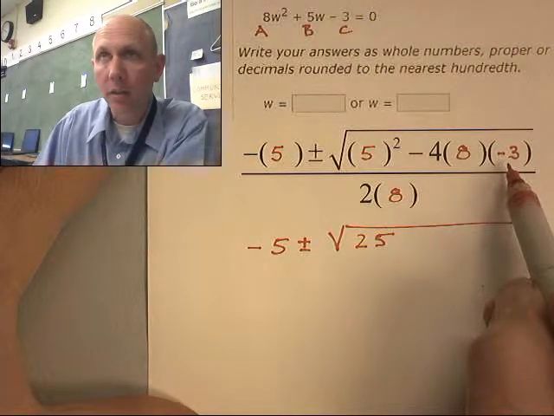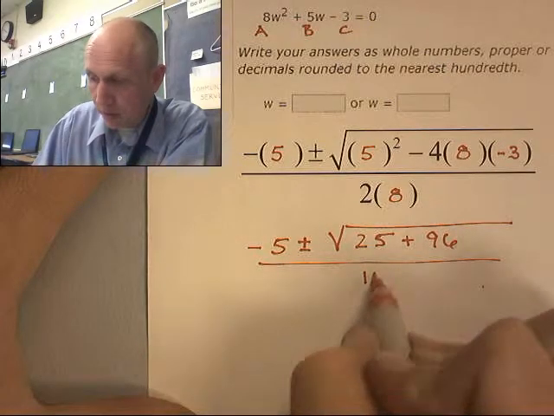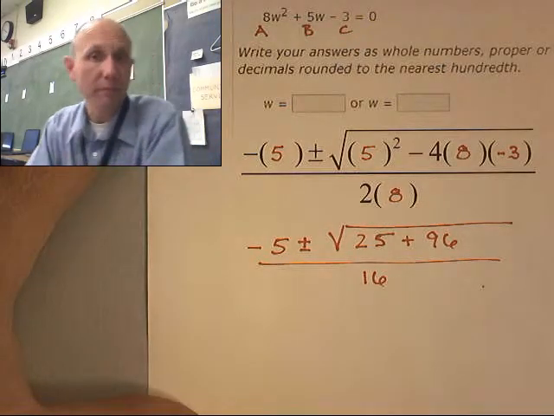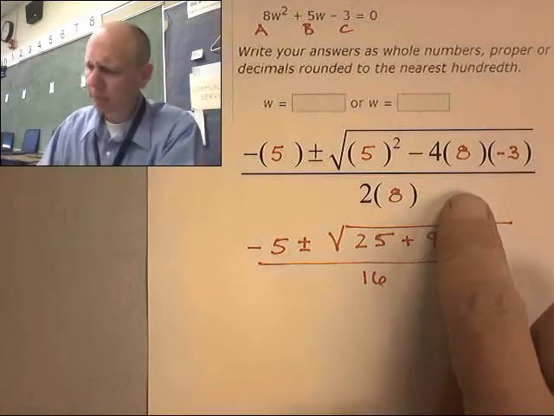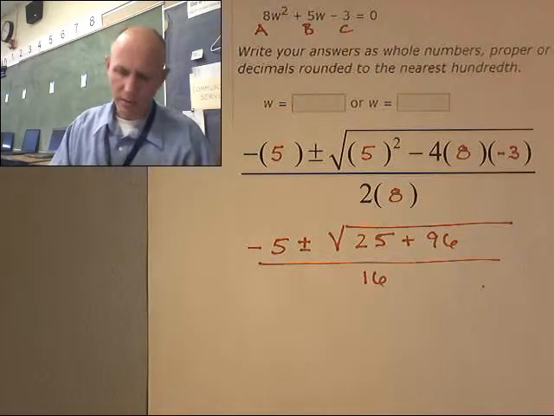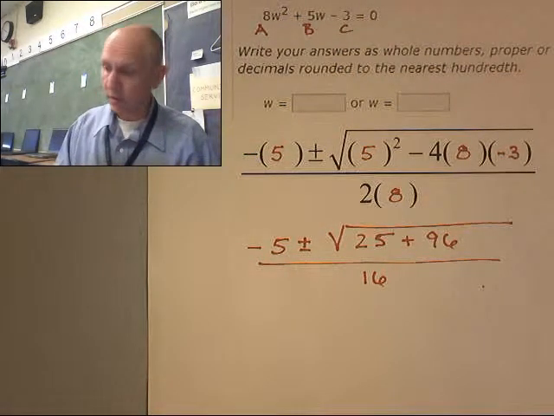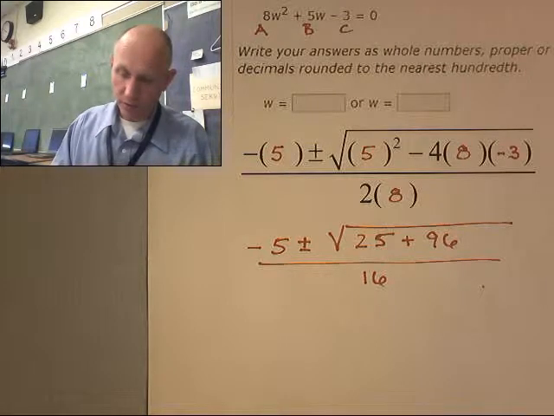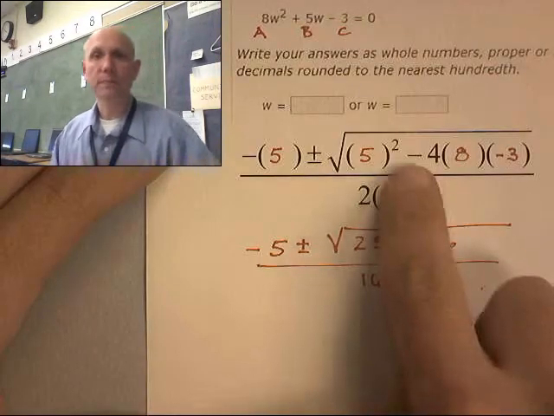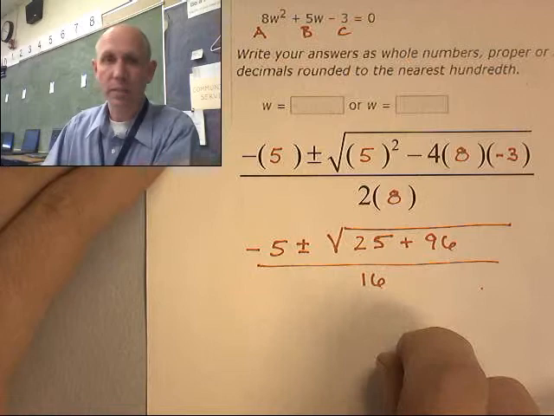That's a positive, over 16. Did I do that right? Let me just check that. 4 times 8 times 3, 96. We're good. Negative times a negative, that's why it's a positive.